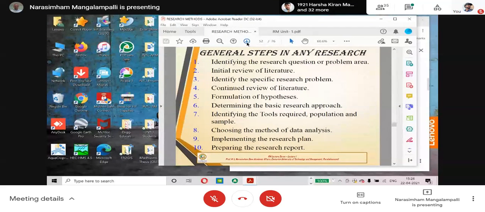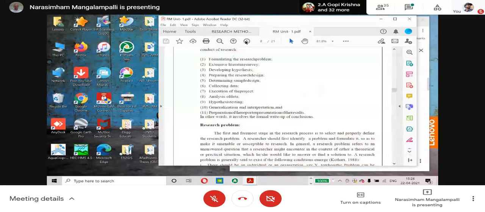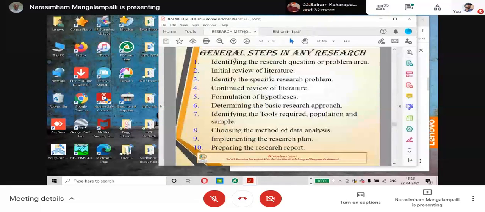So those steps which I have written here are shown here again. Identifying the research question or problem area, initial review of literature, then identify the specific research problem, continued review of literature.